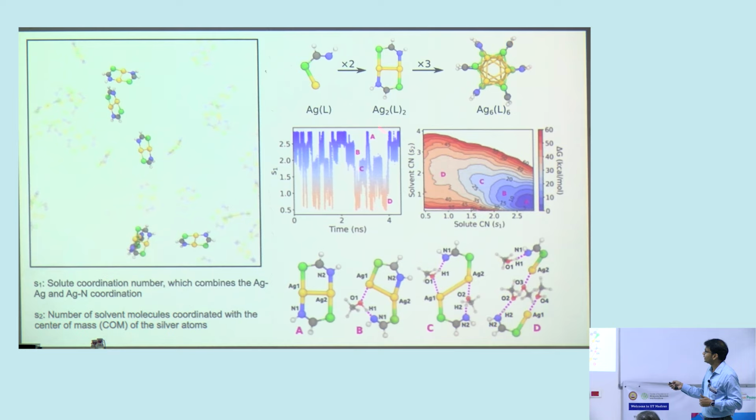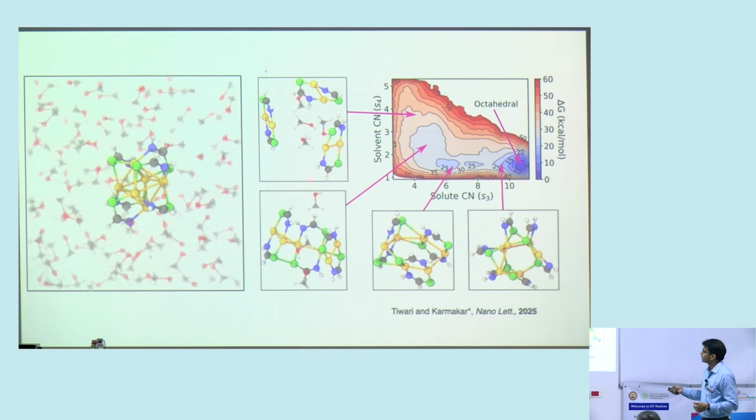If you go from D, which is your monomer, it's downhill. When you leave the monomers, they quickly form the dimer because it's downhill. It's a delta G negative. Now you leave the dimers here, and then it quickly goes to the octahedral, the final star.